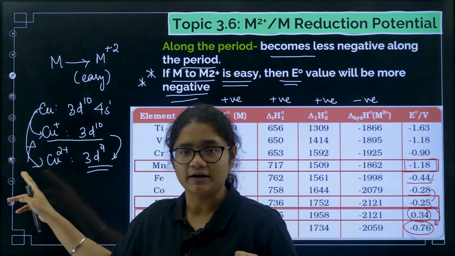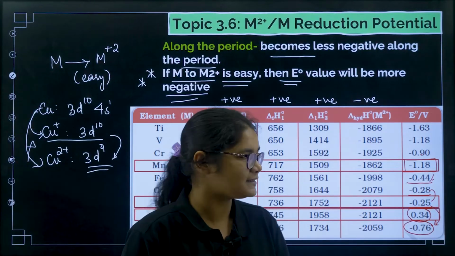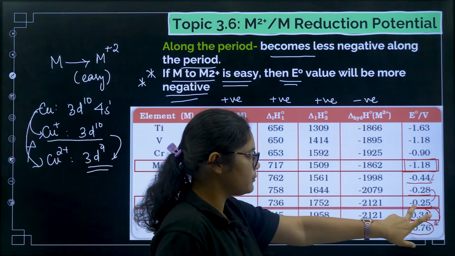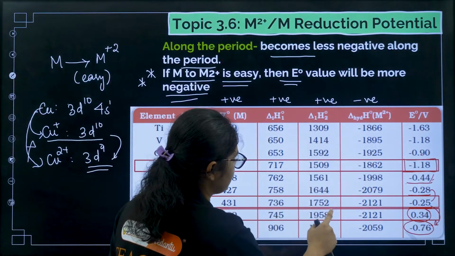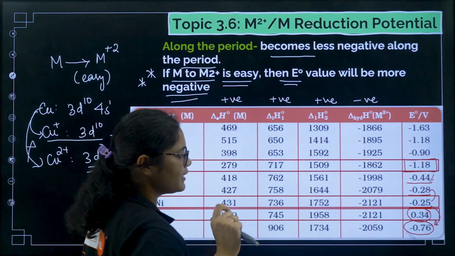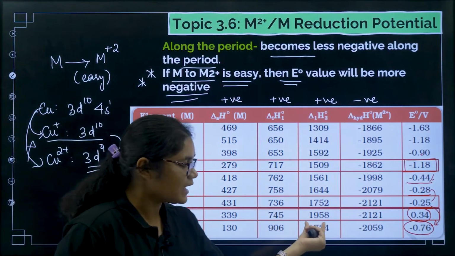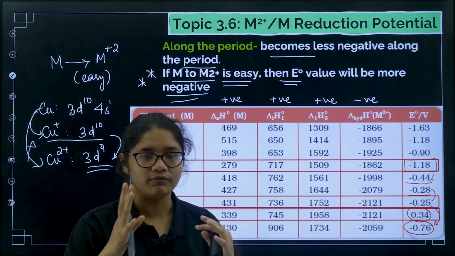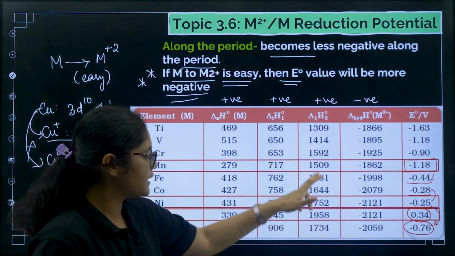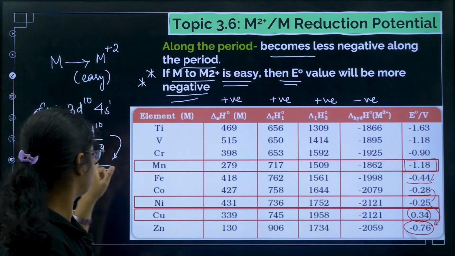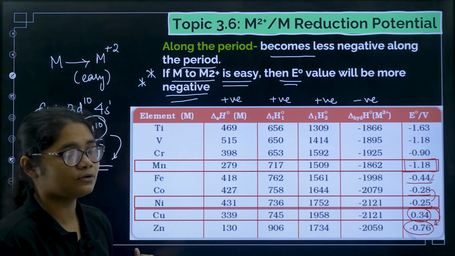If it is very difficult, then the value will be positive, and that is why copper's electrode potential is 0.34. You can also see the second ionization enthalpy of copper is very high, 1958. Due to this, the overall electrode potential comes out to be positive. Why is the second ionization enthalpy very high? Because you are removing 1 electron from a very stable configuration.